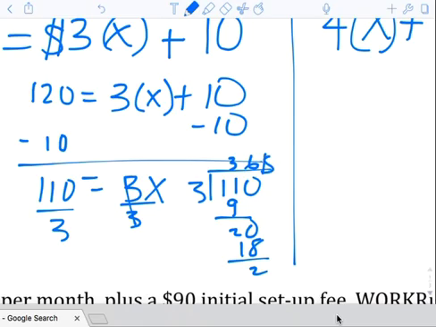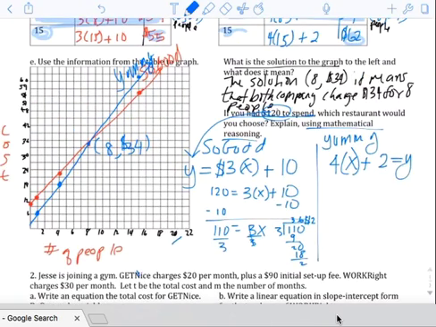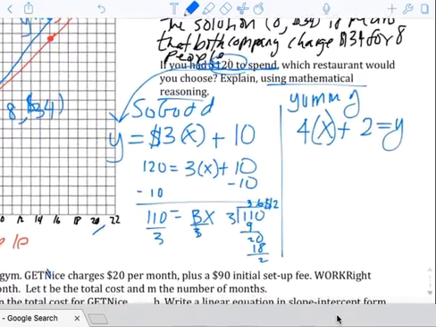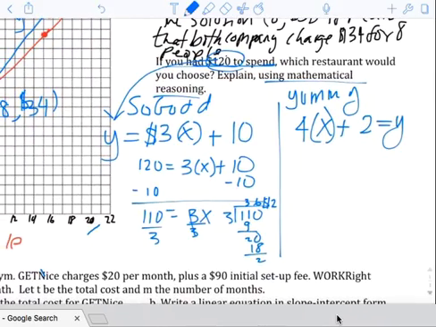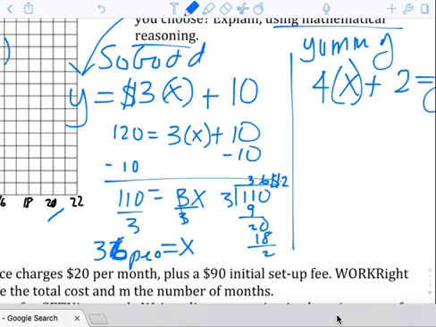Remainder of $2. So with So Good, you can get 36 people in with $2 change. 36 people, and you'll get $2 left over.